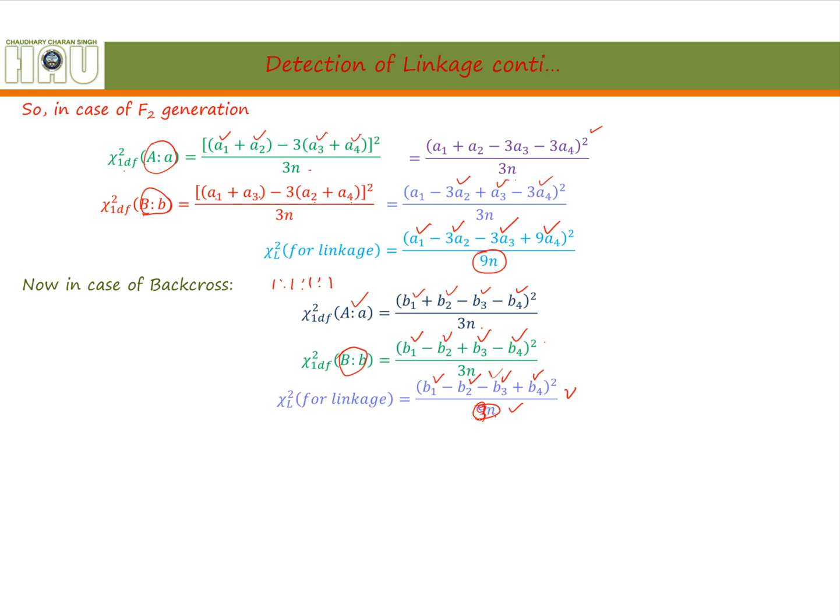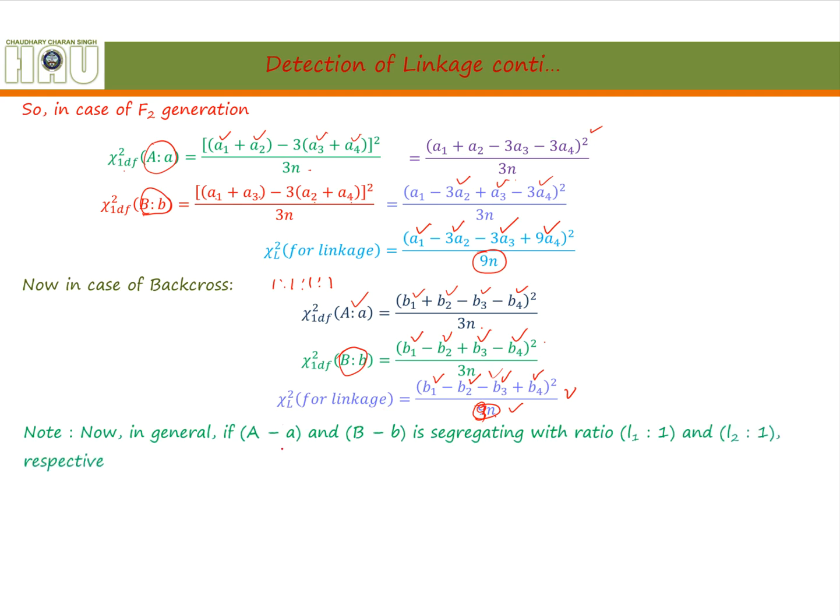Let me check. So now you should note in the journal, if A dash A and B dash B is segregating with ratio say L1 is to 1 and L2 is to 1 respectively, then chi-square linkage is A1 minus L2 A2 minus L1 A3 plus L1 L2 A4, divided by L1 L2 n for F2 generation.